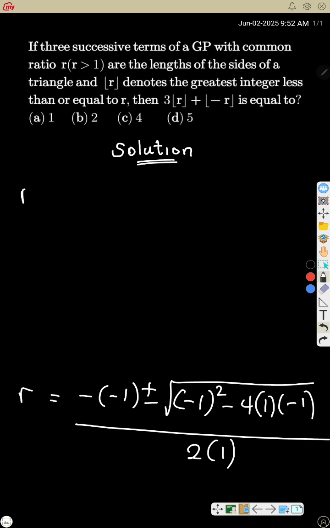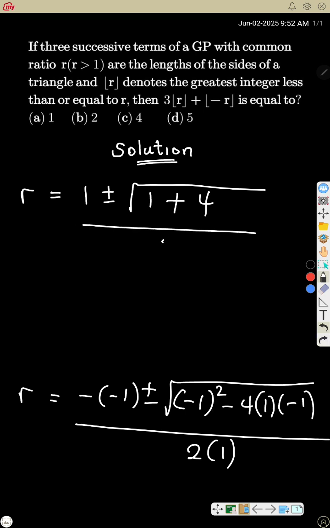So we have R is equal to minus times minus plus, that is 1 plus or minus square root of 1 plus 4. That is, minus 1 square is 1, and minus times minus is plus 4 times 1, which is 4, everything over 2 times 1. So R is equal to 1 plus or minus square root of 5 over 2, like that.